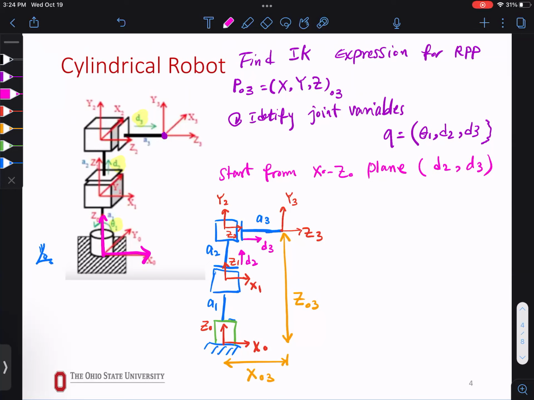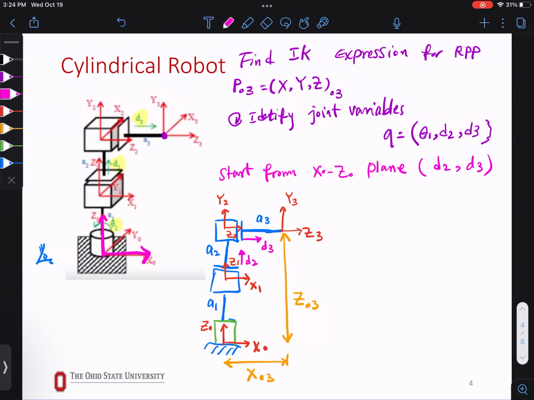So this joint moves in this direction. That's all it means. This joint moves in this direction. I know what the lengths are. I also know this distance and this distance.